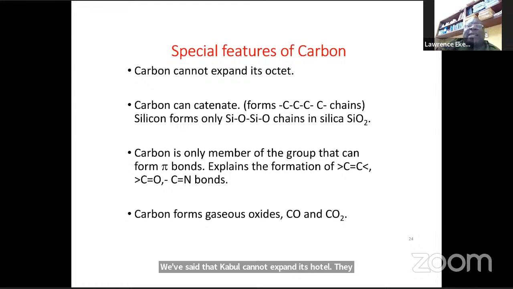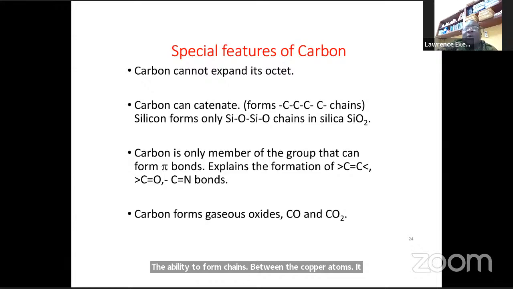Another peculiar characteristic of carbon is that it has the ability to form a long chain with itself, and this is what is called catenation. So carbon can catenate. When we say catenation, what do we mean? The ability to form chains between the carbon atoms. It is peculiar to carbon.